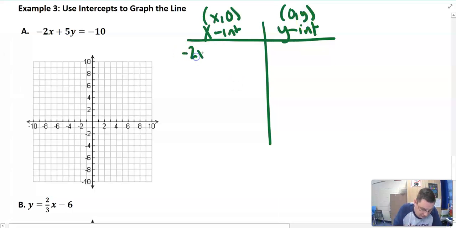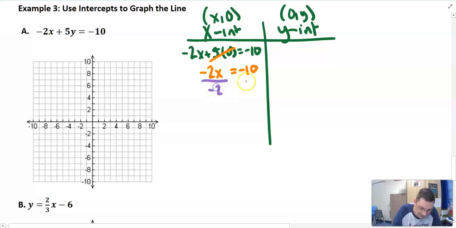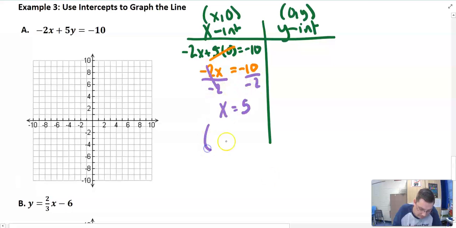And so negative 2x plus 5 times 0 is equal to negative 10. And so simplifying that, this will cancel. I get negative 2x is equal to negative 10. Dividing both sides by negative 2, we get that x is equal to 5, meaning that my x-intercept is at 5, 0. And that point would be there at 5, 0.